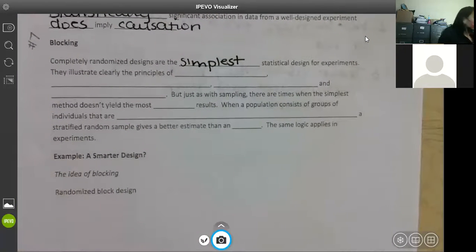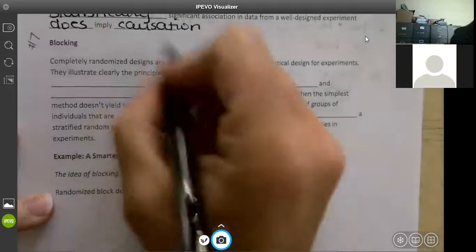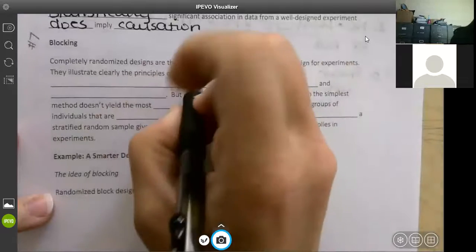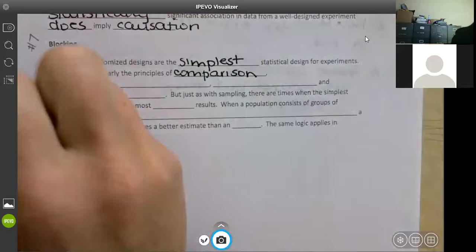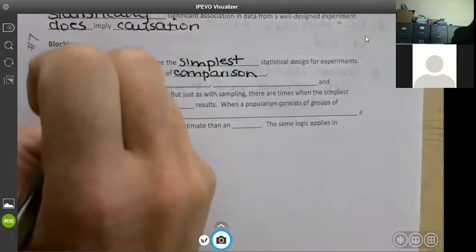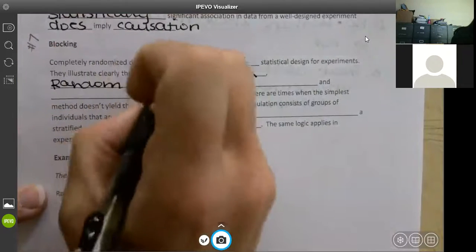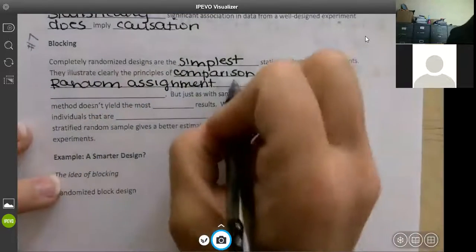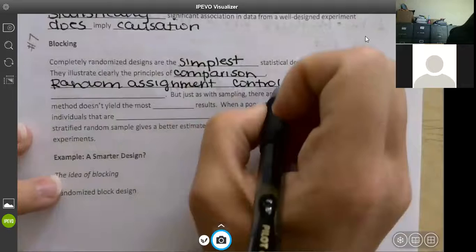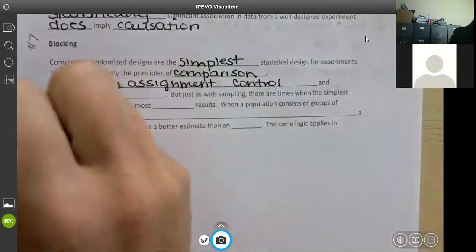They illustrate clearly the principles of comparison, random assignment, control, and replication.